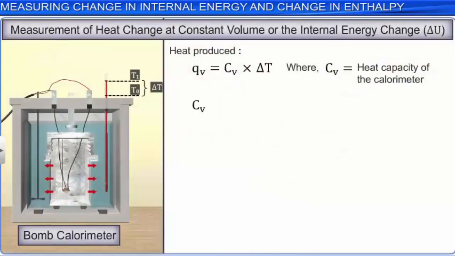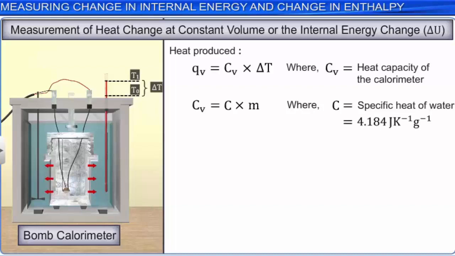And CV = C × M, where C is the specific heat of water and is equal to 4.184 joules per Kelvin per gram, and M is the mass of water.